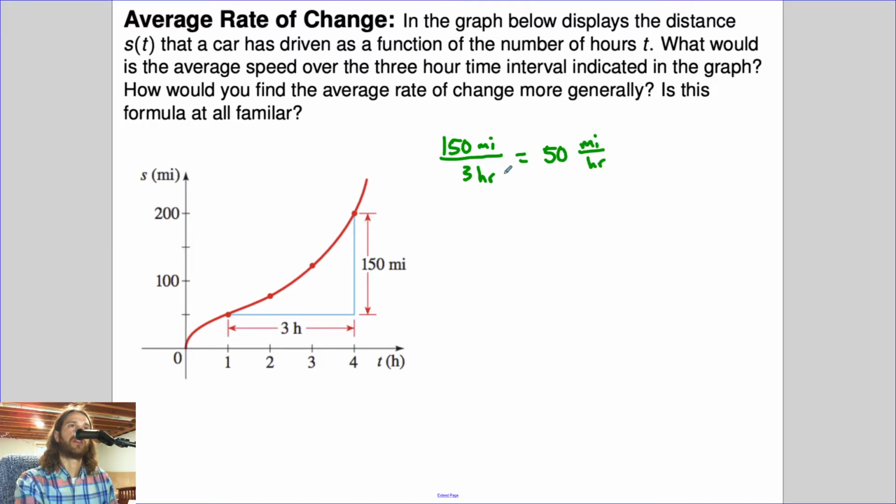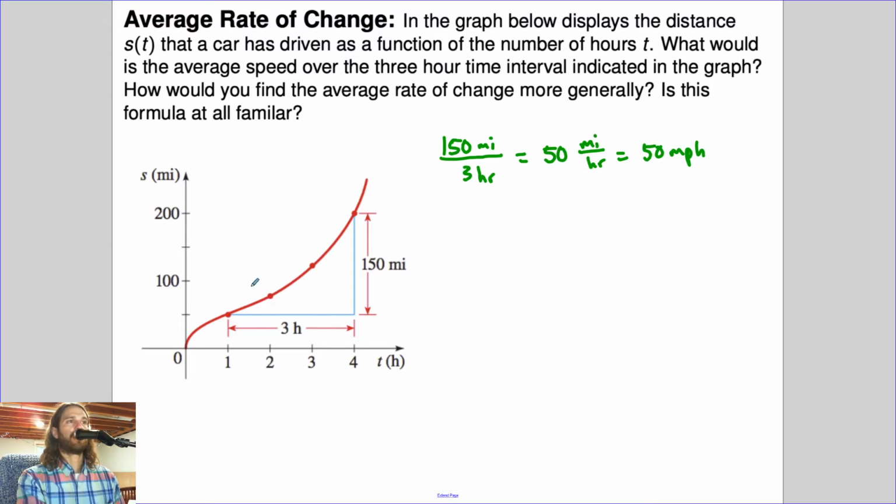If we simplify this fraction, it's 50 miles or 50 mph. So we know that it's driven 50 mph. And if we take a look at this, we go, all right, well, that's pretty obvious.